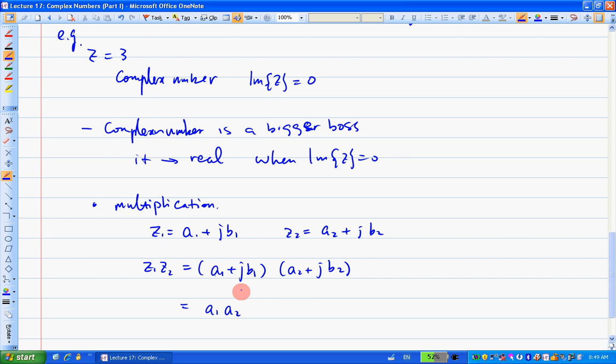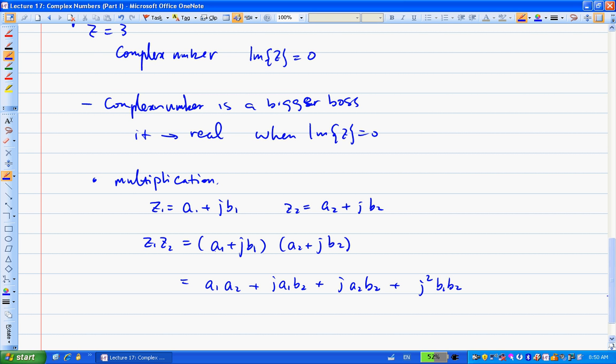So A1 A2, then A1 multiplied by this term, then this term by A2, and here j by j is j squared, times B1 B2. This is a regular expansion of the multiplication of two brackets. You're basically treating j as a regular quantity, nothing different from A and B.